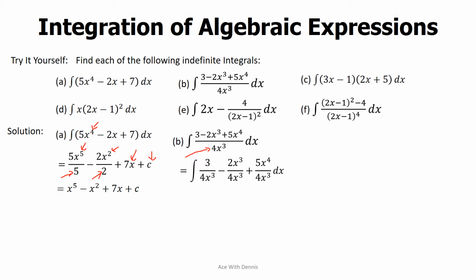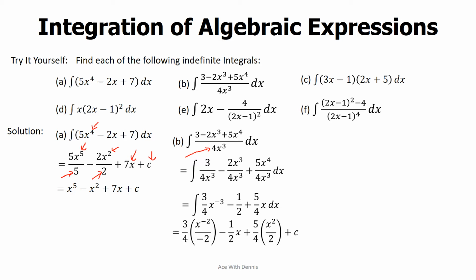After that, simplify and put them into the indices form. We get integration of 3 over 4 x to the power of negative 3 minus half plus 5 over 4 x. And now we can start to integrate.